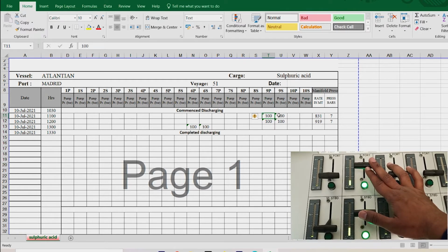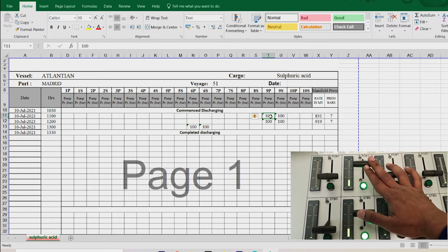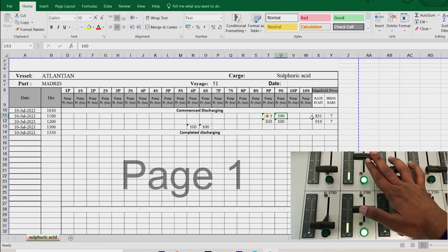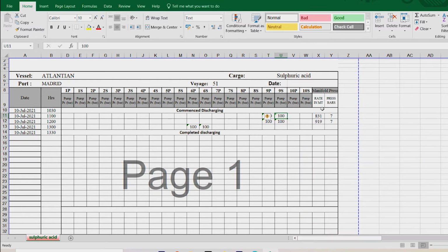Below that we fill the pressure. My cargo pumps were running at 100 bar, so I have written 100 bar. What was the cargo rate? If you have been following the video, you would know the rate we got at 1100 was 831 metric ton, and this is the manifold pressure. So here we have written 7 bar.